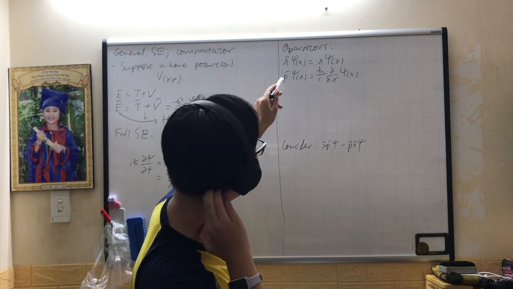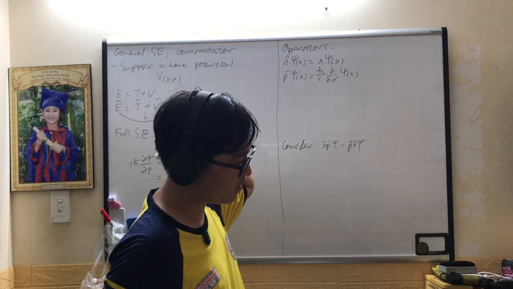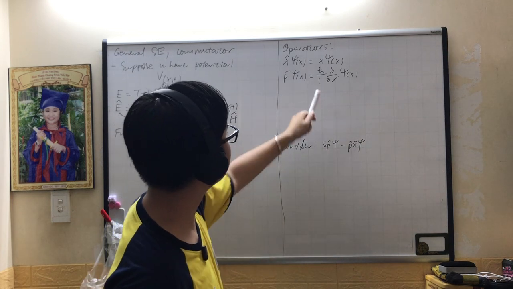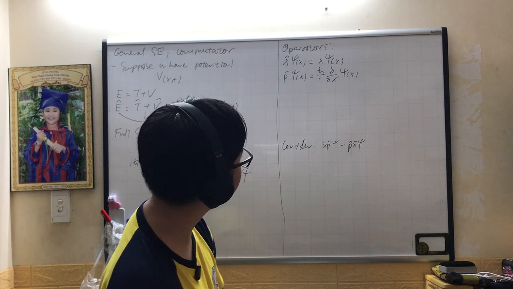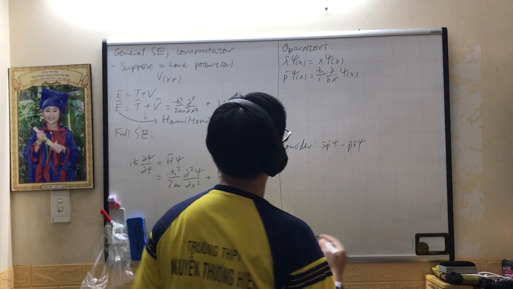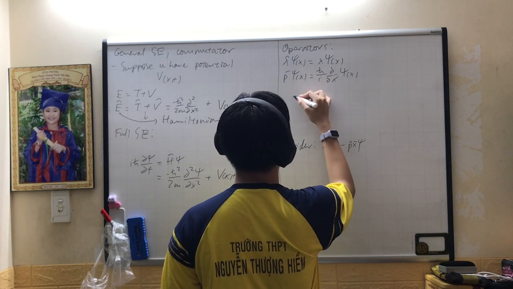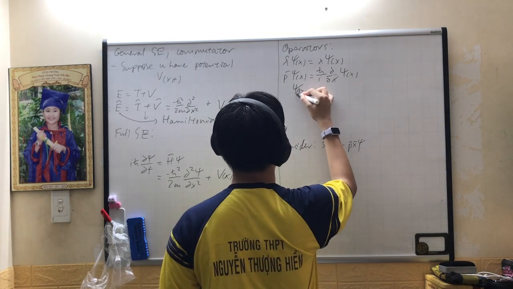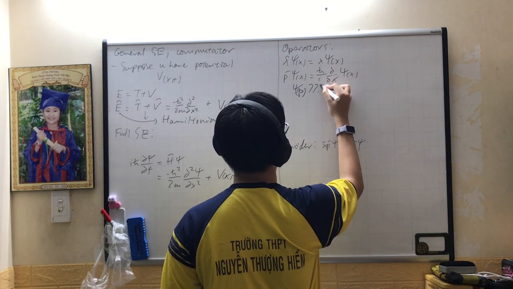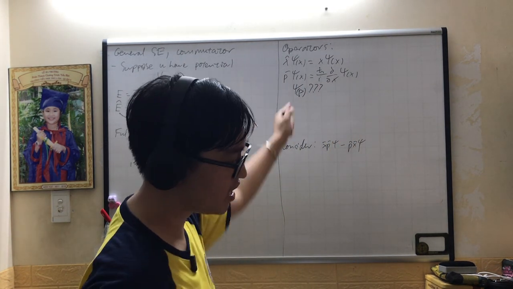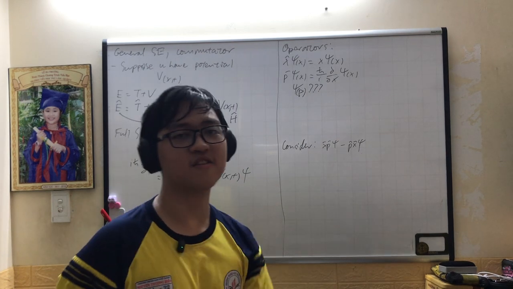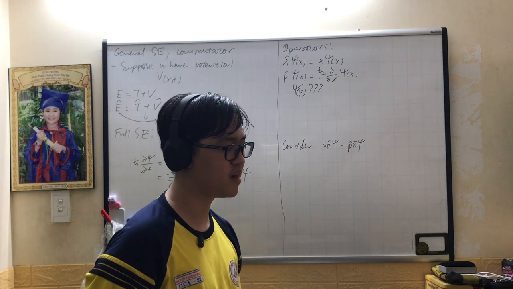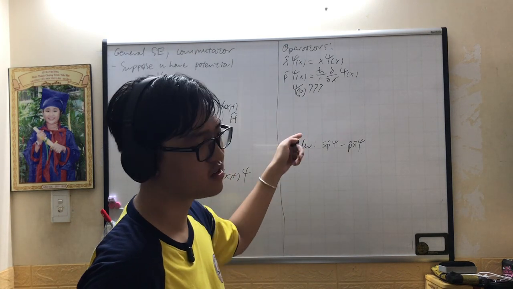And with p, when you act on a function of x, it would equal to this. Some might question, what if it's a function of p, for example? Well, I just want to mention this earlier, as we might or might not visit this later.